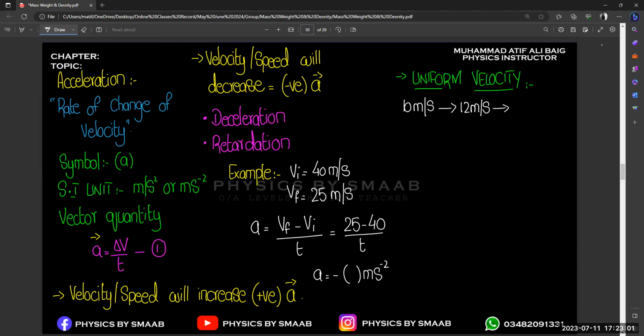Again after 1 second our speed will be 14 meter per second, then 16, then 18, like this.